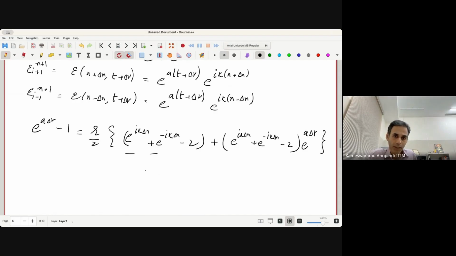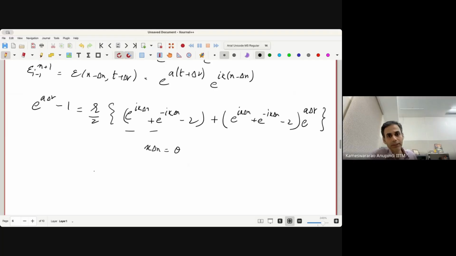Now, if you take k delta x to be equal to theta, we're going to get the first term as 2 cosine theta minus 2. That means 2 times 1 minus 2 sine square theta by 2 minus 1 minus 1. This is going to give you minus 4 sine square theta by 2.